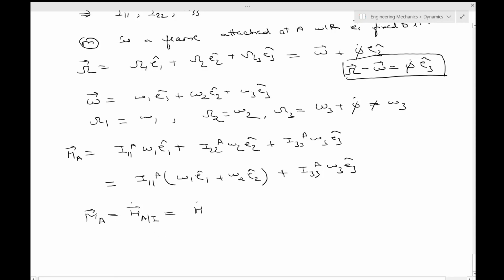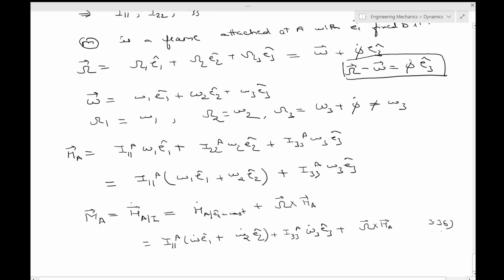Now this will again have E_i as constant, plus big Omega cross H_A. So I_11 of A omega_1 dot E1 hat plus omega_2 dot E2 hat, plus I_33 of A omega_3 dot E3 hat, plus Omega cross H_A. This is equation 3.36.